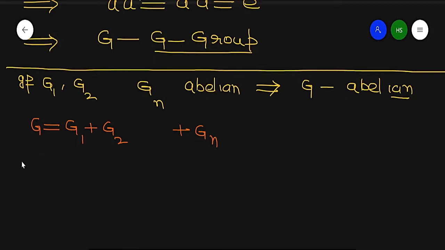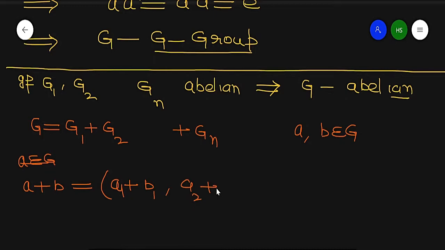Now if A belongs to G, it is of the kind A1, A2, A3 and so on. Here the binary composition is: if I take A and B belonging to G, and the binary composition is sum, then the sum A plus B can be written as A1 plus B1, A2 plus B2, up to An plus Bn.